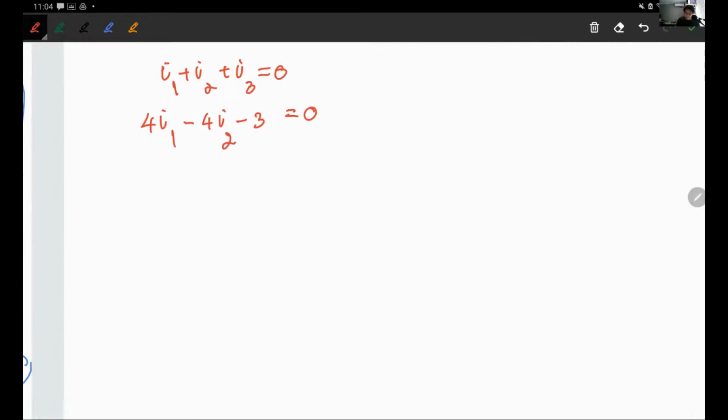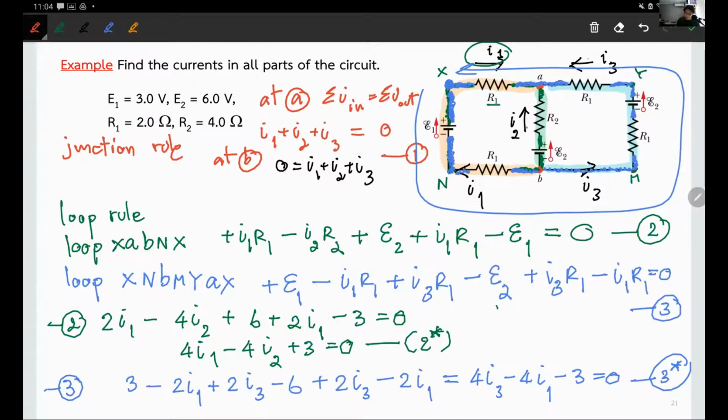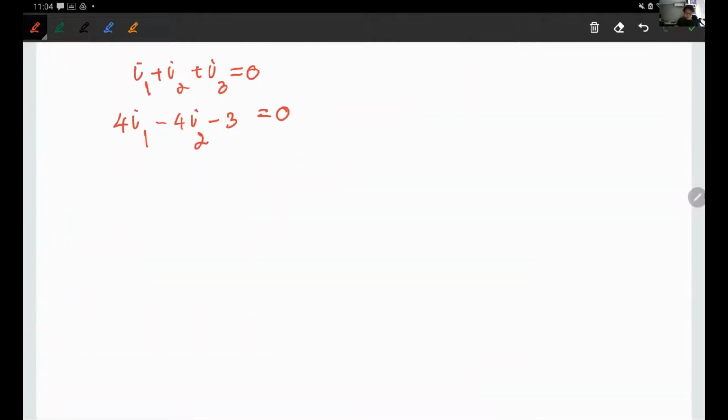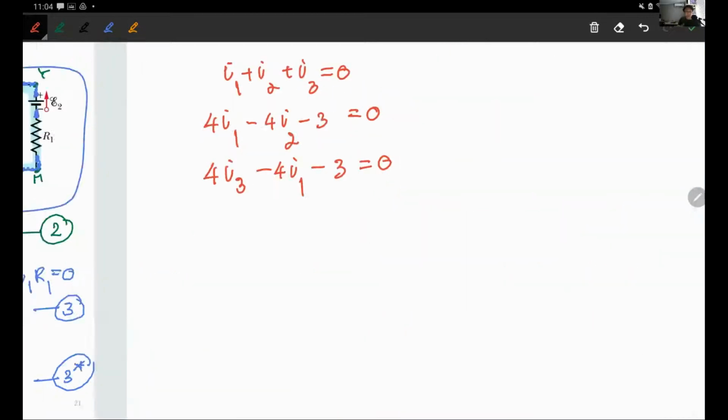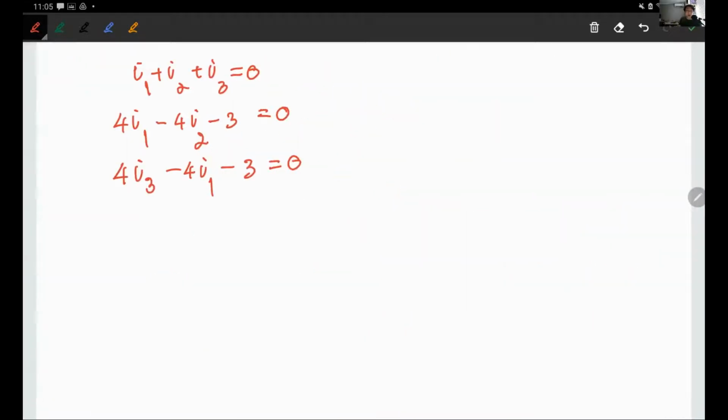And equation number 3 is 4I3 minus 4I1 equal to 0. Okay? So these are 3 equations and 3 unknowns, and I'll just slowly solve the system of equations.